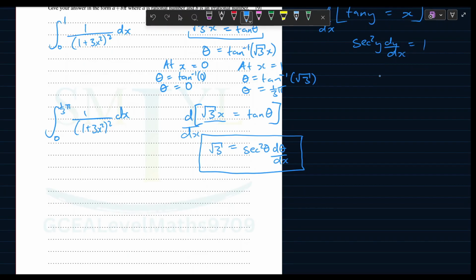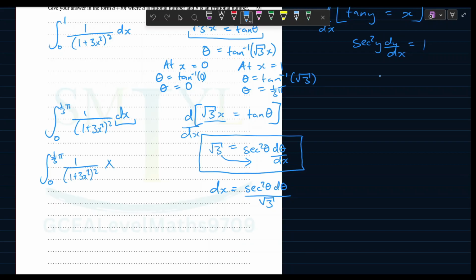And so now the goal is for us to make dx subject of the formula because we want to get rid of the dx. So dx is equal to sec squared theta d theta over, we're moving the root 3 down here, root 3. So we can now come back here and say we're integrating from 0 to a third pi, and we've got 1 over 1 plus 3x squared, all squared.